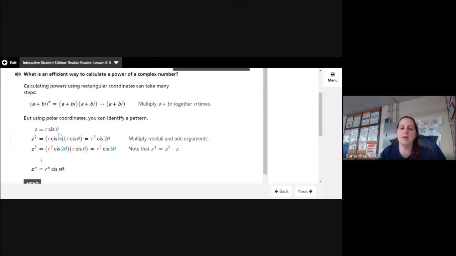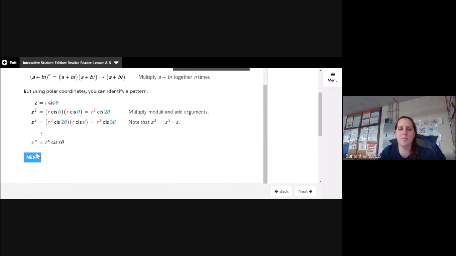So for z, I have r cis theta. For z squared, I have r cis theta times r cis theta, or r squared cis 2 theta. For z cubed becomes r cubed cis 3 theta. So note that z cubed equals z squared times z. So z to the nth equals r to the nth cis n theta.